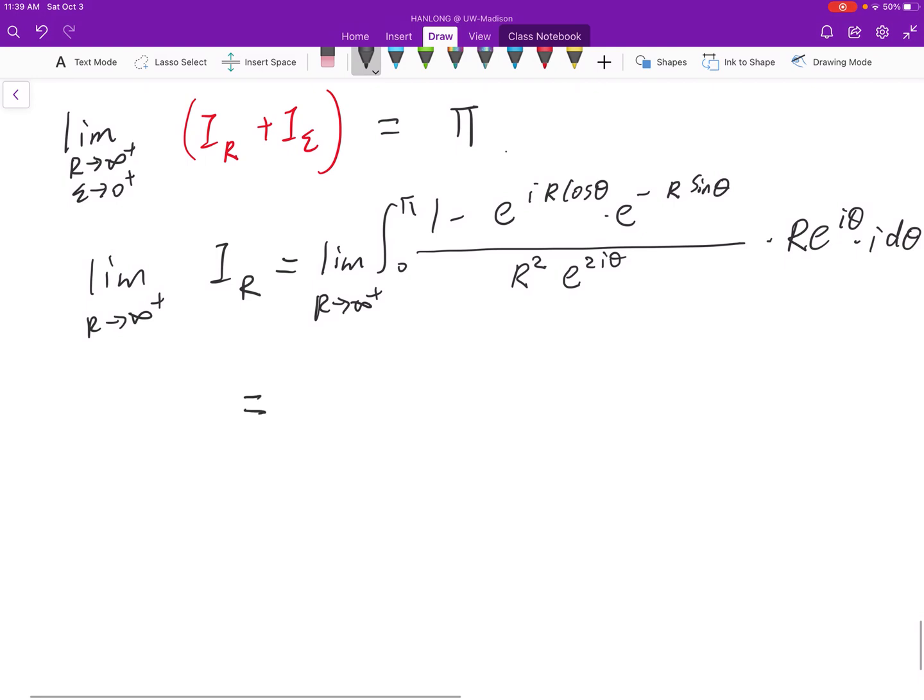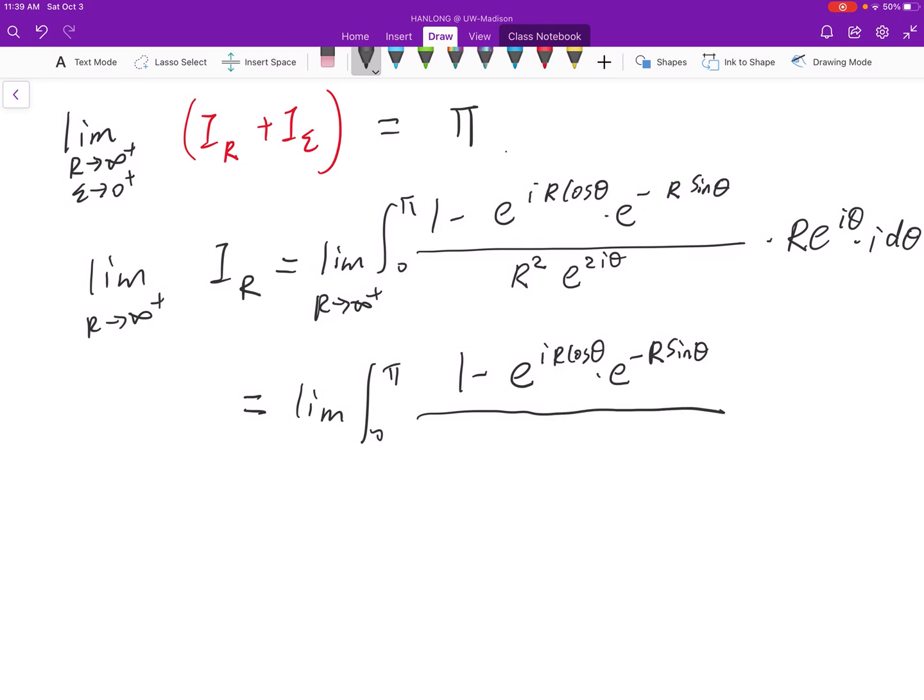And then if you simplify, you have the integral from 0 to pi of 1 minus exponential iR cosine theta exponential negative R sine theta, divided by exponential i theta. In that part we also have i, but then most importantly you have an extra factor 1 over R d theta.